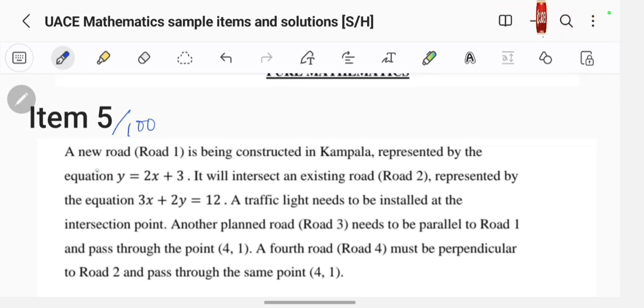The scenario is a new road, which is our road 1, being constructed in Kampala, represented by the equation y = 2x + 3. This is road 1.